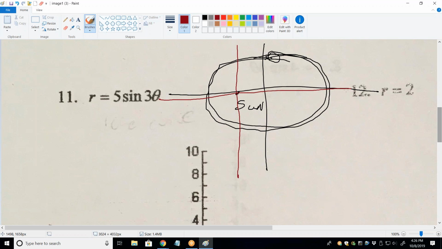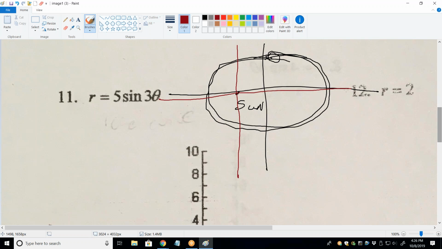In other words, like when we came across that r squared equals a squared cosine of 2 theta. If you had the general formula for lemniscate, however you pronounce that, you would recognize that that's a lemniscate. You'd be able to draw it. Yes. How they look.